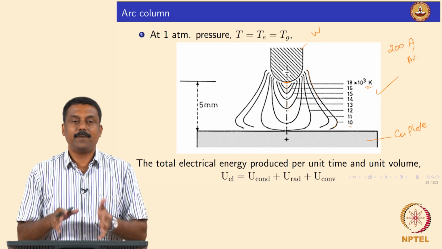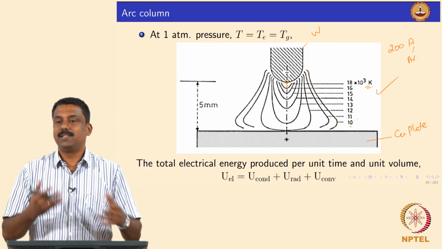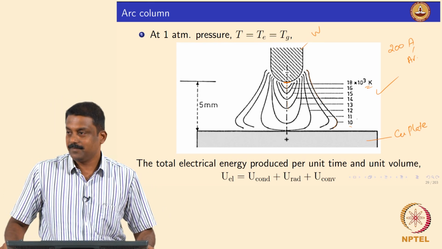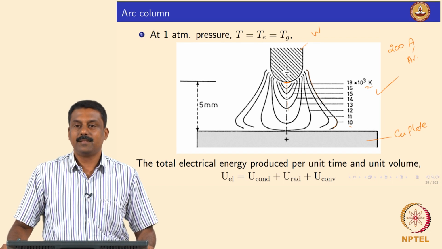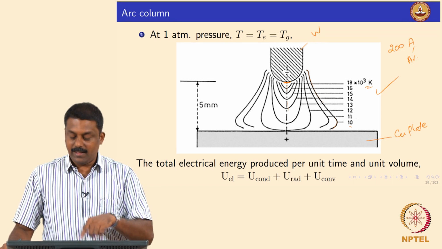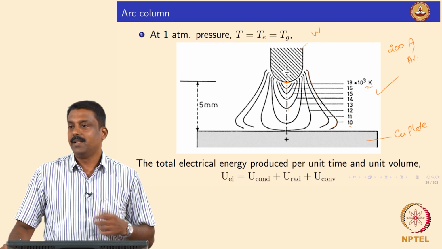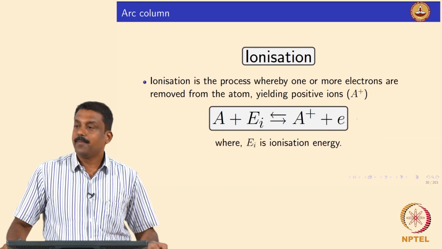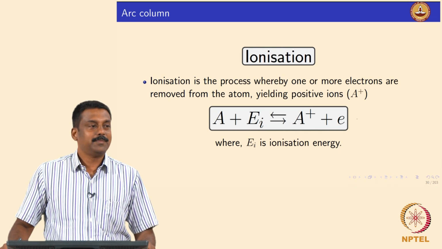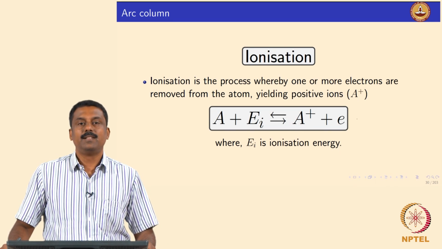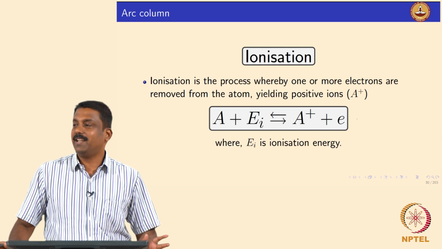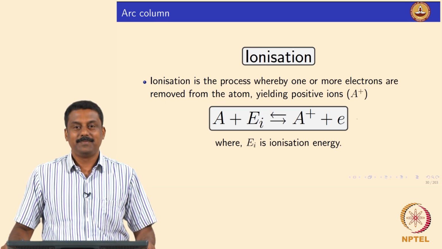The temperature arises from the collisions, the heat which is generated in the arc. So first we will understand the basic fundamental process that is happening, which is ionization. So what is ionization? We need to define it again, right?